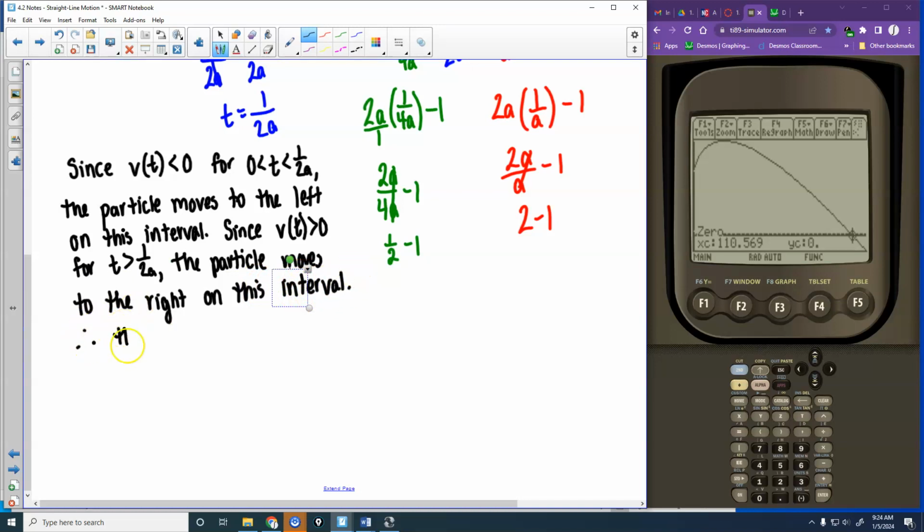Therefore, the particle is furthest to the left at t equals 1 over 2a.